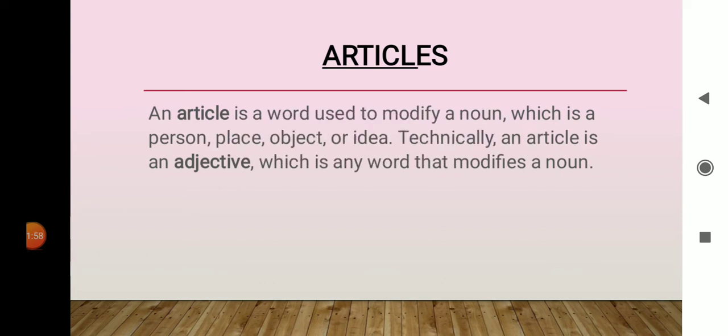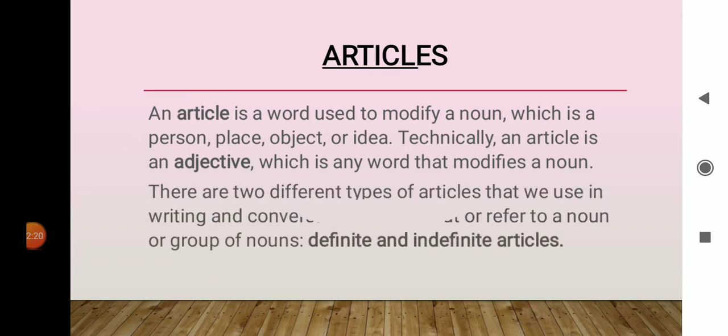First of all, we'll see articles. So let's see. An article is a word used to modify a noun, which is a person, place, object, or idea. Technically, an article is an adjective, which is any word that modifies a noun.